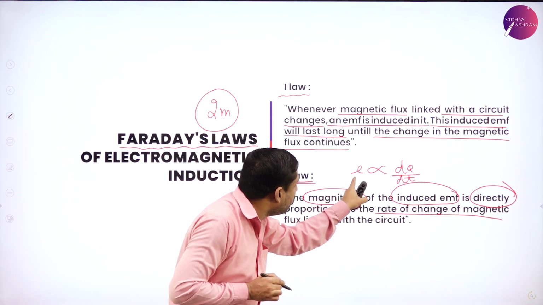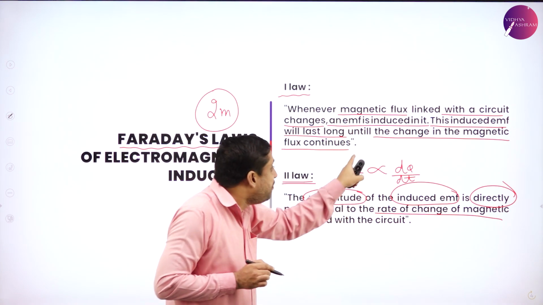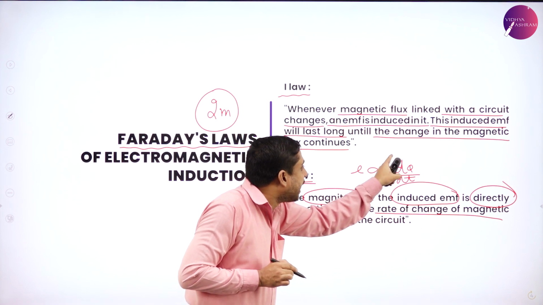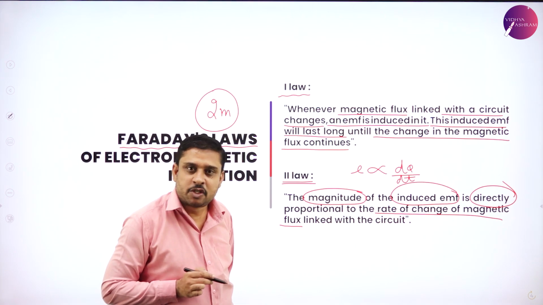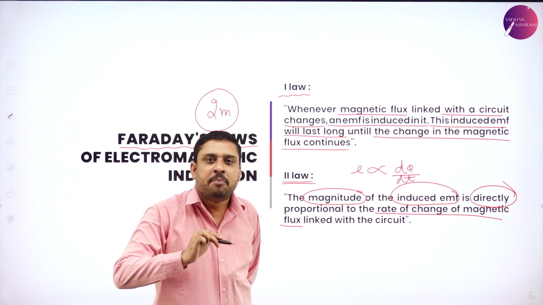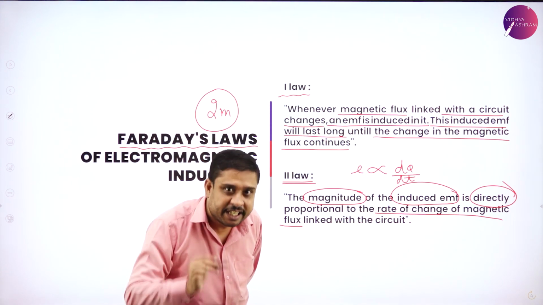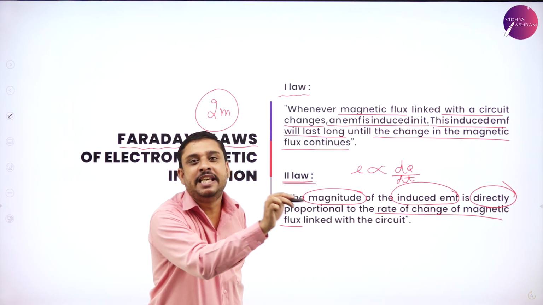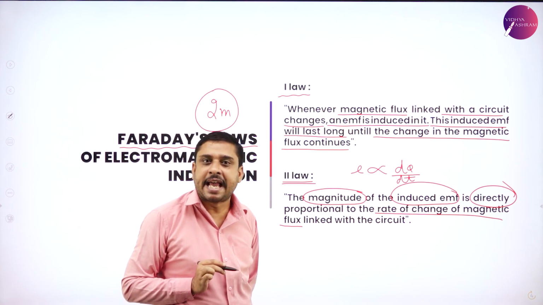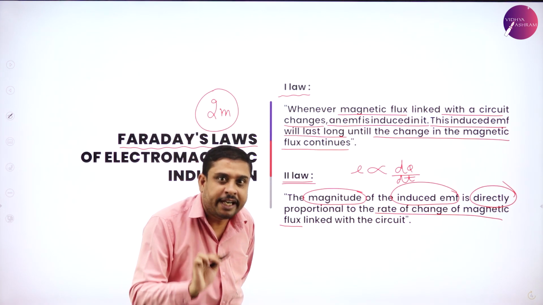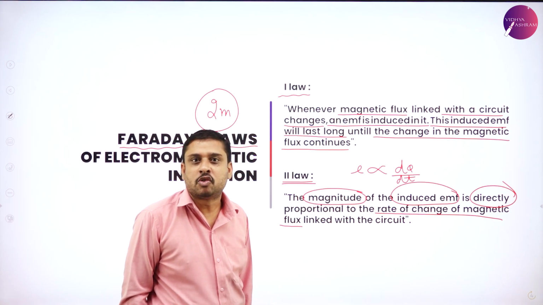The magnitude of the induced EMF depends upon the rate of change of magnetic flux, which means if the magnetic flux changes by a higher order, the induced EMF will be more. If the magnetic flux changes by a small amount, the amount of EMF induced is also small.